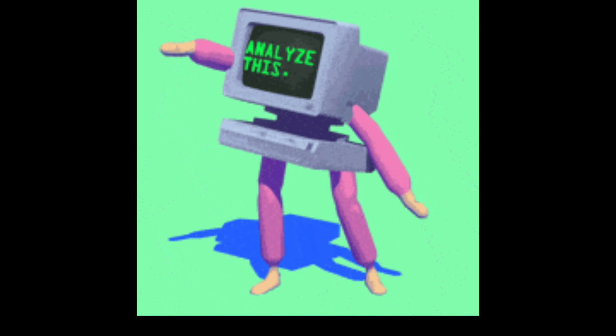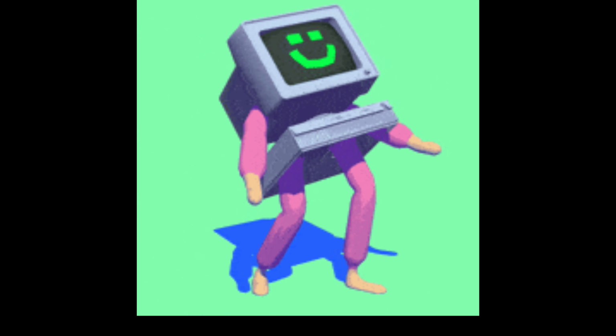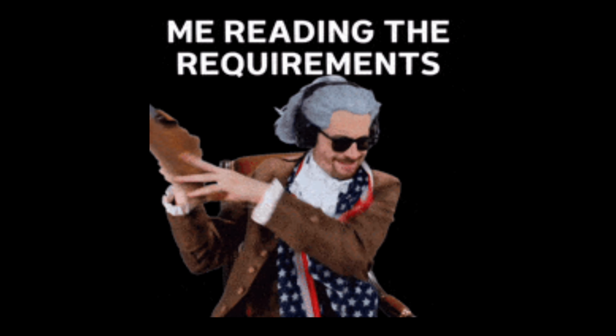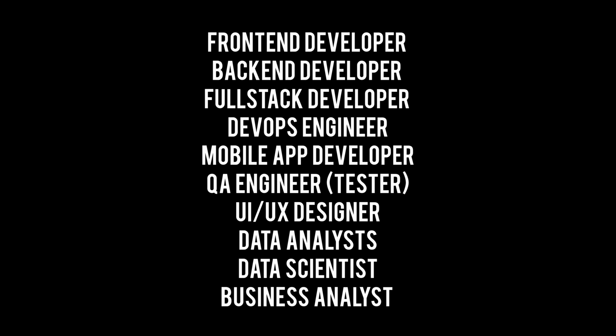The data analyst analyzes the data and generates insights to guide business decisions. The data scientist builds predictive models, runs experiments, and works with machine learning. The business analyst gathers the business requirements and translates them for the dev team. So these were the various roles in a software company.